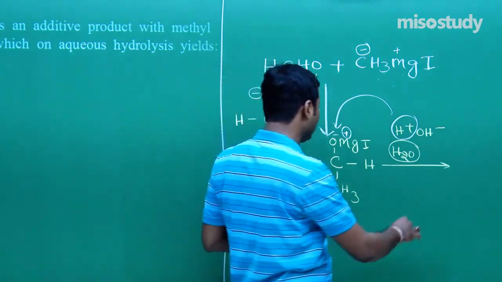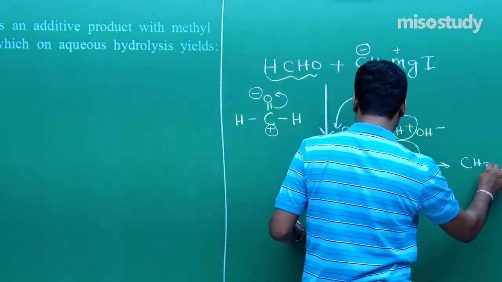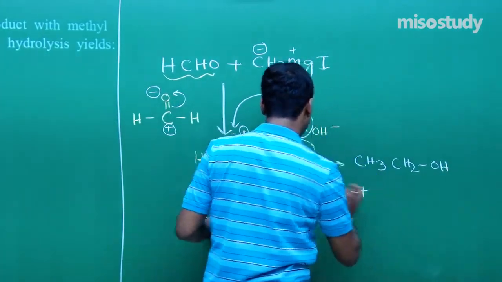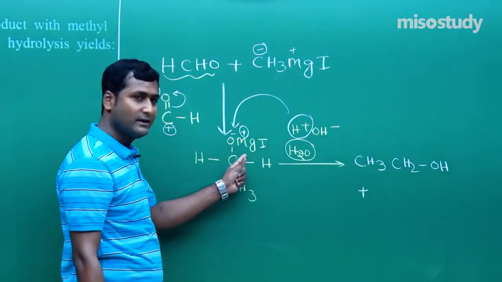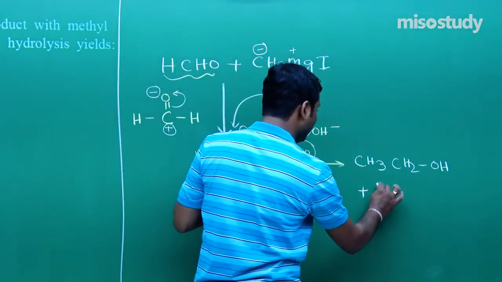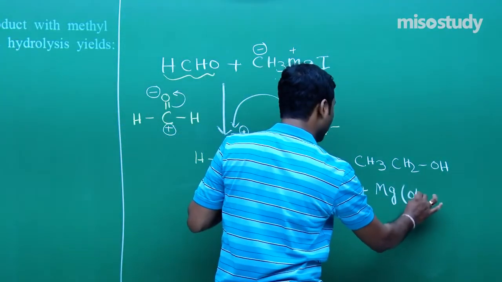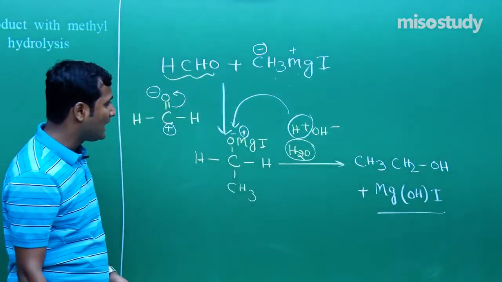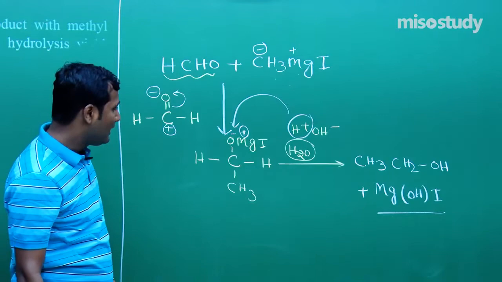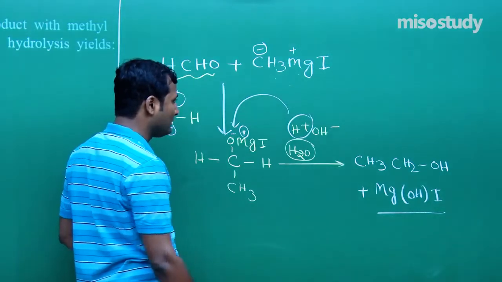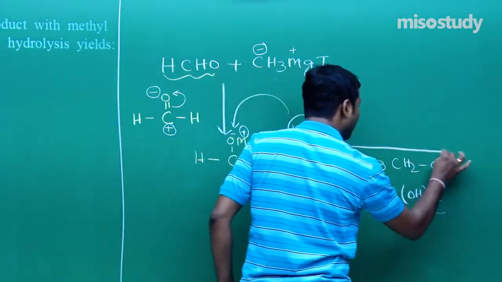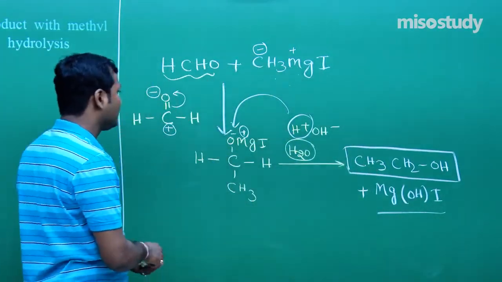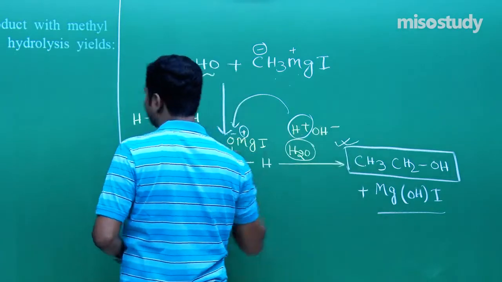So the product here is CH3CH2OH, and the byproduct is MgOHI. So we say the product in this case is ethyl alcohol. Clear? The product in this case is ethyl alcohol.